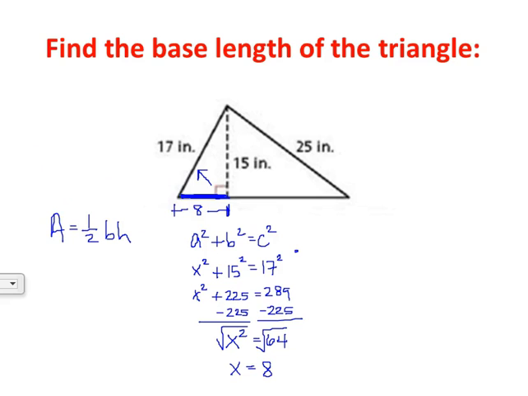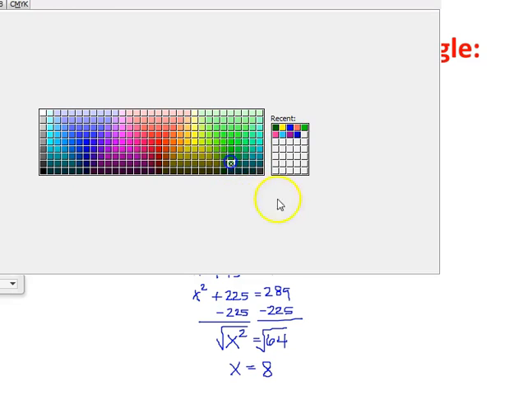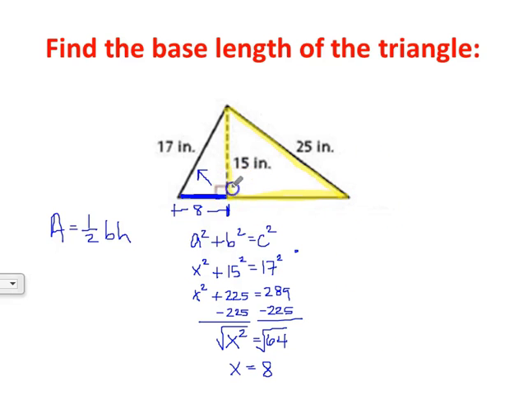Now we need to find the length of the other half of our base. So we're going to do the same thing to the other half of our triangle. Let's do that in a different color. So we know that the opposite side of our right triangle is the hypotenuse. So we're going to have 15 squared plus, we'll call this side x as well, equals 25 squared.